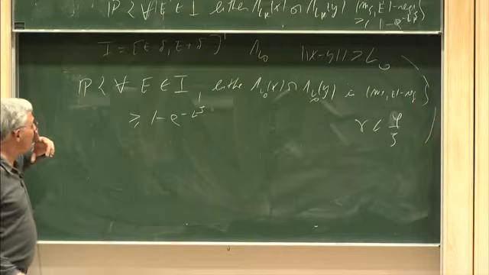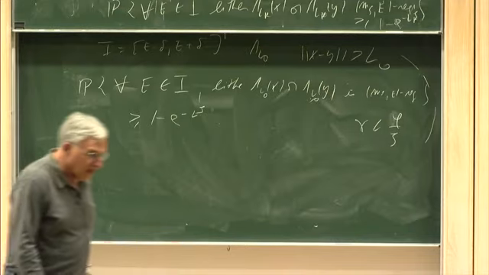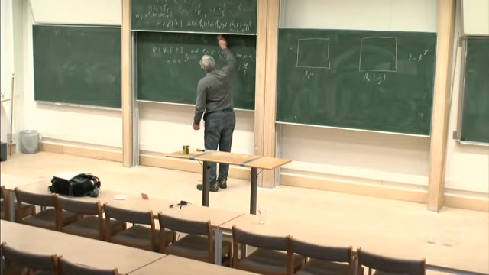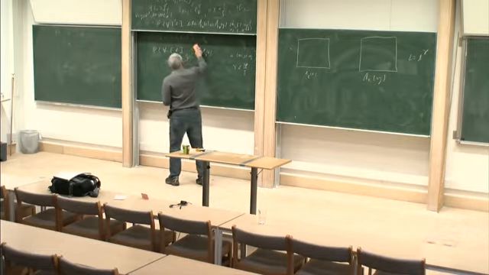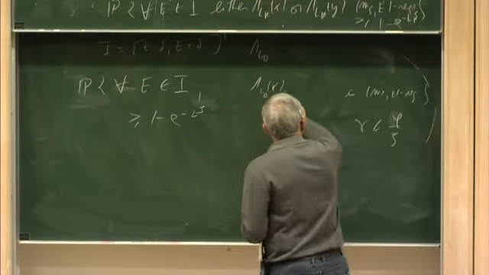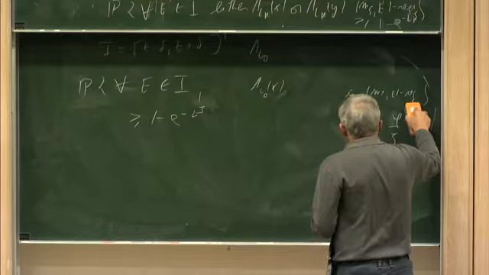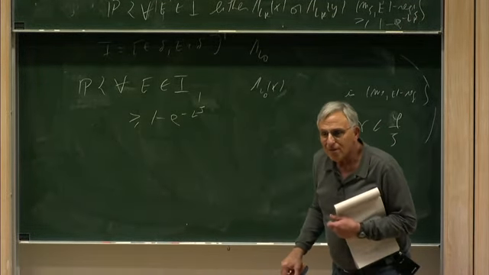Oh, what did I say here? I'm sorry. I said something that makes absolutely no sense. That's not what I did here. I had no x and y. I only had x. So what I really proved in the initial scale is that for every energy, the probability that a box is regular is good. We have an L0 there.